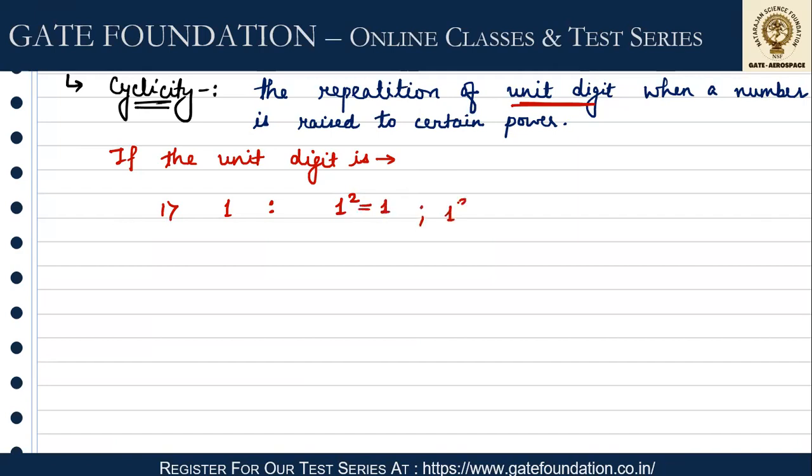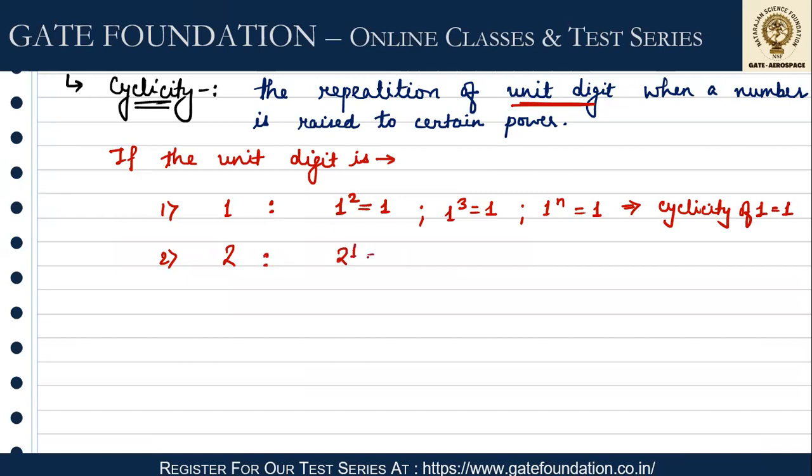Similarly 1 cube is also going to be 1, or you raise to any number, it is going to be 1. So from here I can say that the cyclicity of 1 is 1. What does it mean? Basically, if you take the power of 1 raised to 1, you will get 1, right? Again 1. Now before 1 we'll go to 2 and we'll try to understand what is cyclicity, then I'll come back to 1 again. So let's talk about 2.